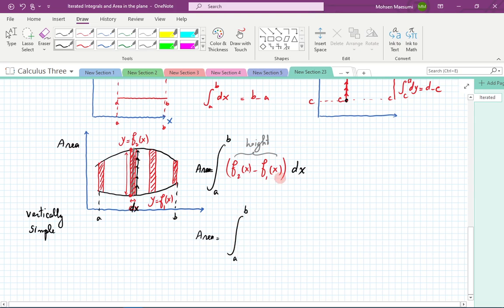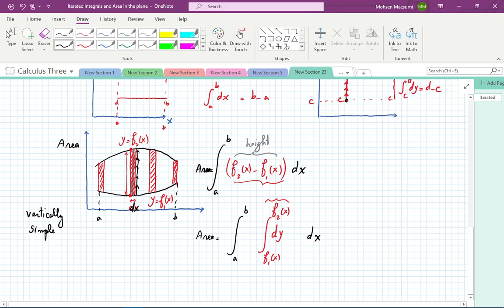This inner integral is really the integral of dy from the lower boundary f1 of x to the higher boundary f2 of x, because the integral of dy will be the higher value minus the lower value. Then the rest of it stays as before, so it's going to be dx.